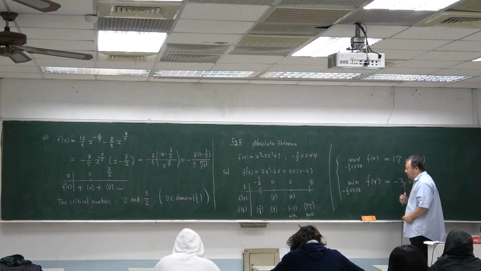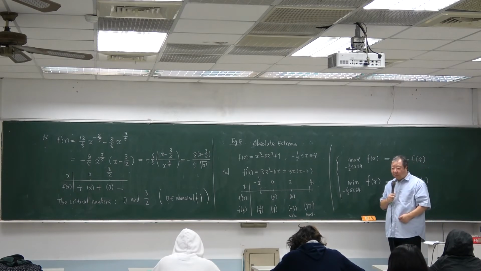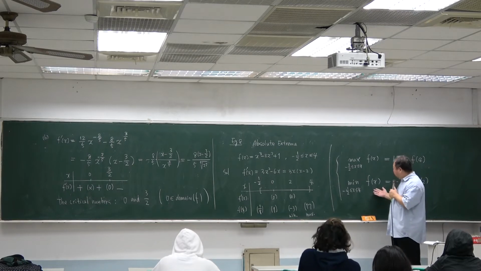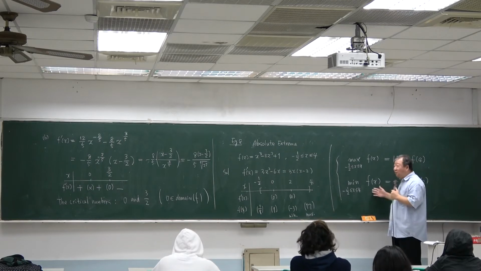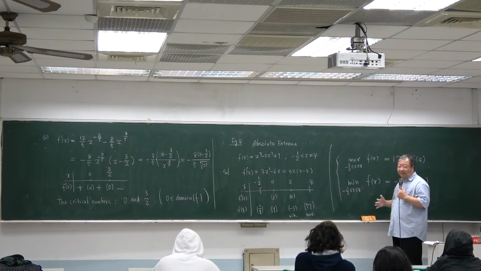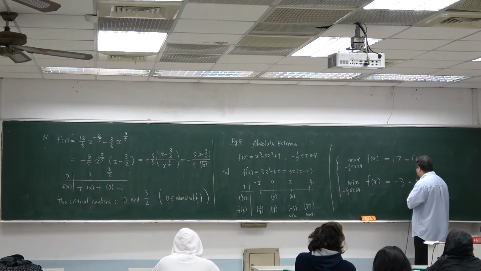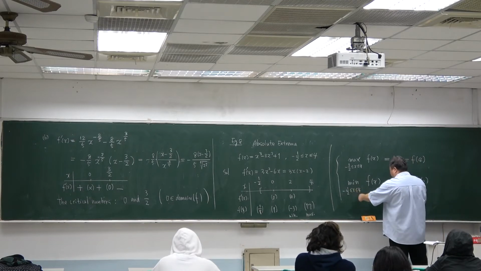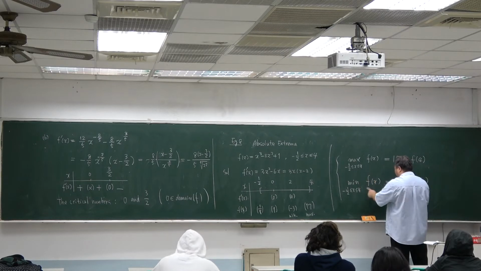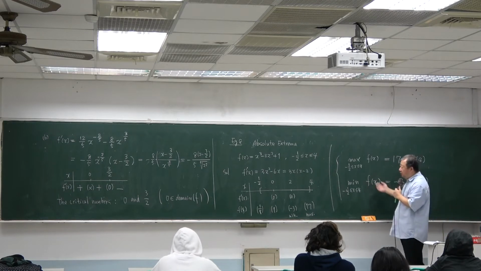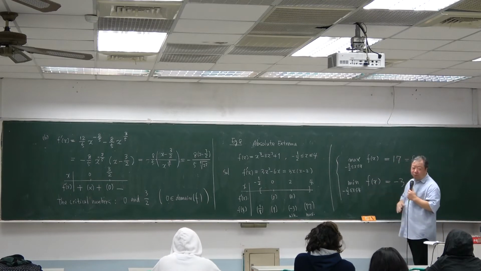Suppose f is the cost. Of course, we want to minimize our cost. So a number from here which minimizes this objective function is called an optimal solution to this programming, or the mathematical programming.